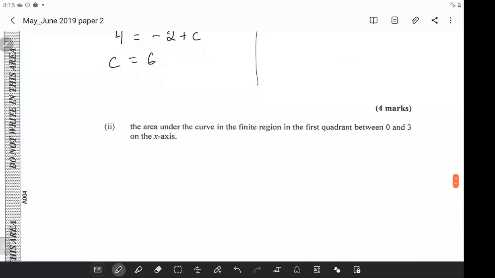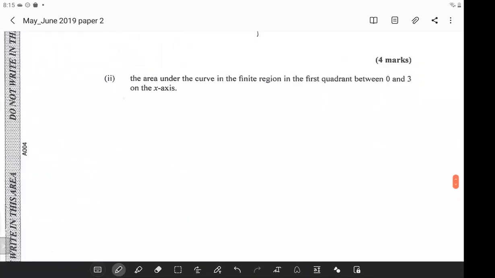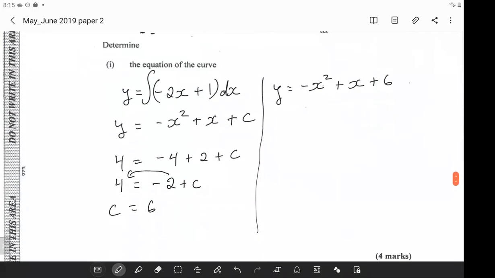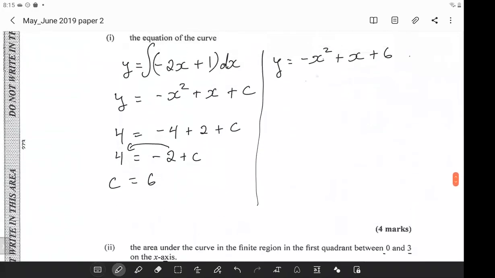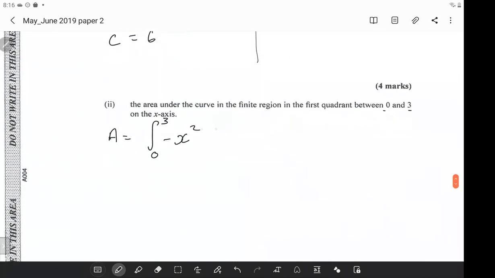They want the area under the curve in the finite region in the first quadrant between 0 and 3 on the x-axis. So the area under the curve is equal to the integral. Notice that we want between 0 and 3, so we're going from 0 to 3 of our equation, which is minus x squared plus x plus 6, and then of course dx.